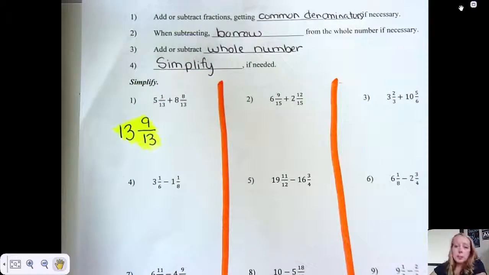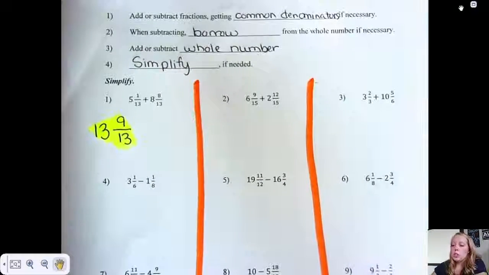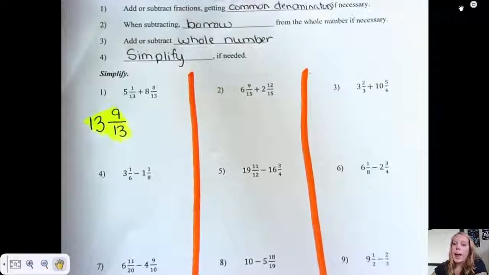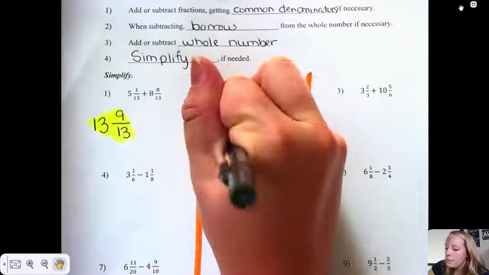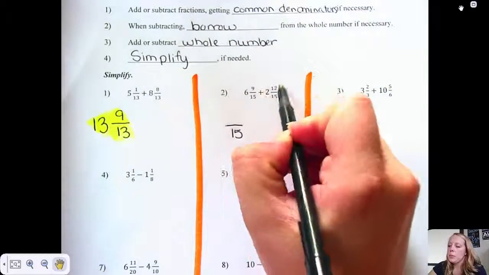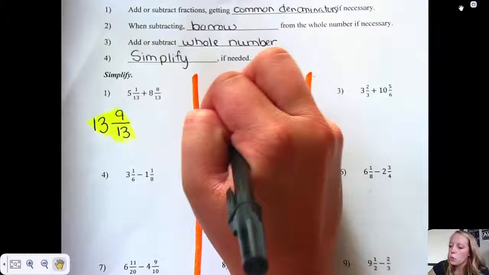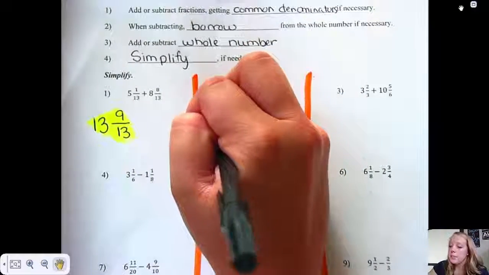Let's keep going. 6 9/15 plus 2 12/15. Well, we have our common denominators, so let's keep the 15 on the bottom. Add the numerators. 9 plus 12 would give me 21. And 6 and 2 is 8.